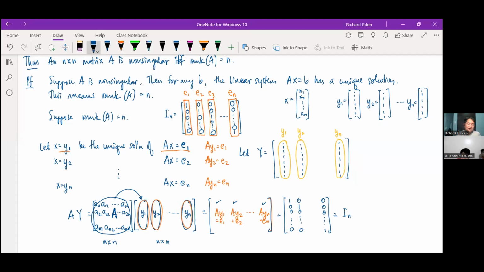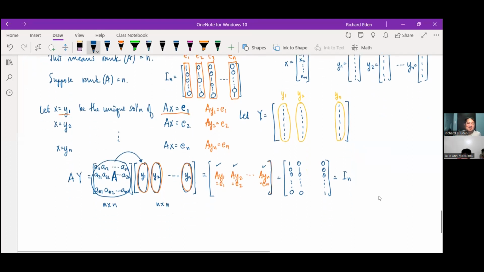Ano po, breaking it apart and putting it back together. Yeah, precisely. So ibig sabihin, therefore, A has Y as its inverse. Nice. i.e., A is non-singular. Okay.